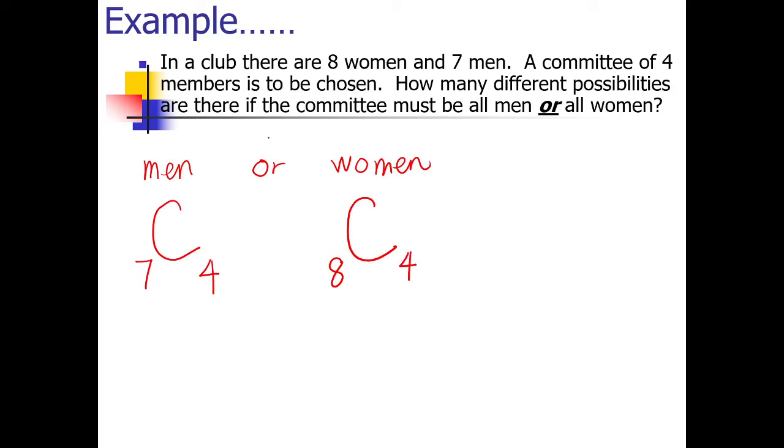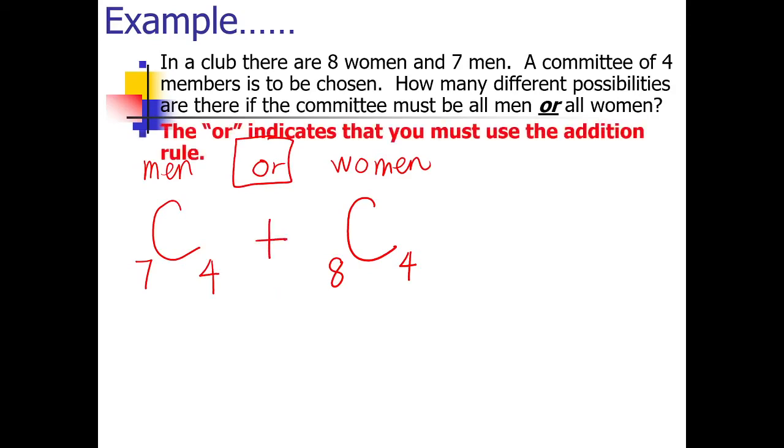4. Now, the word or means addition. So take note of that. The or indicates the addition rule. So what is the combination of 7 taken 4? This one, how much is it? 35.